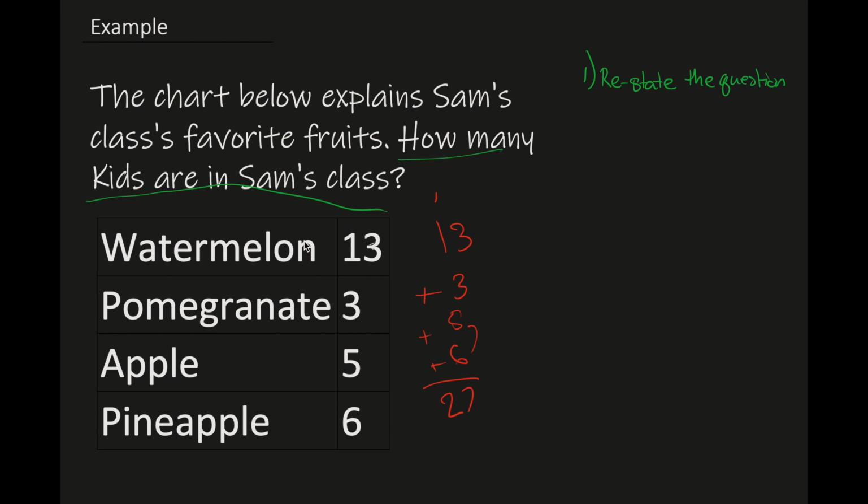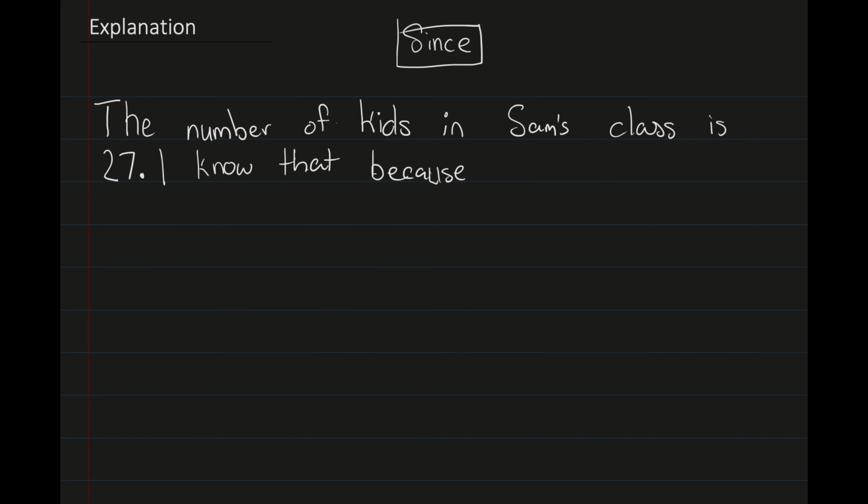So how could we phrase this? We went on the chart and saw how many people voted for each fruit, right? So we went on the chart.